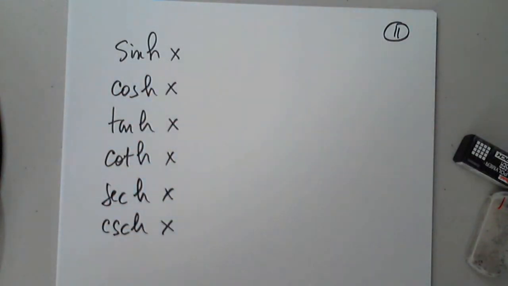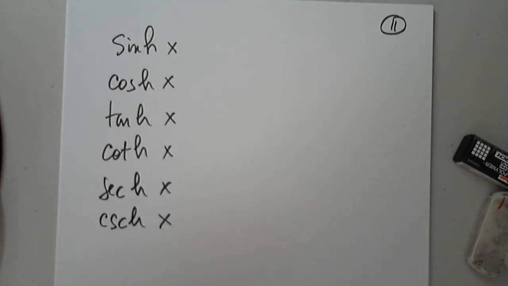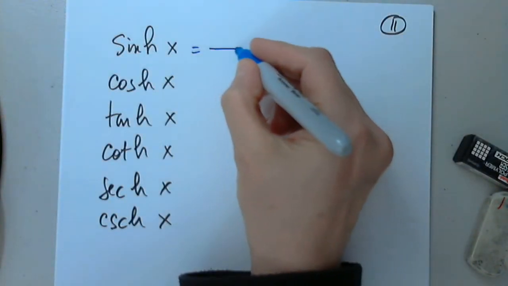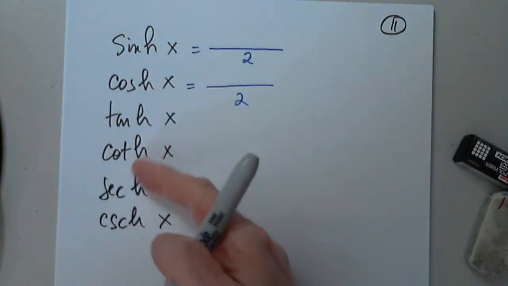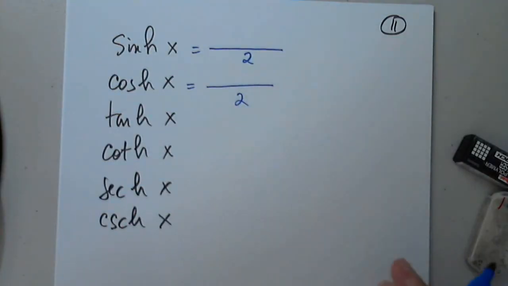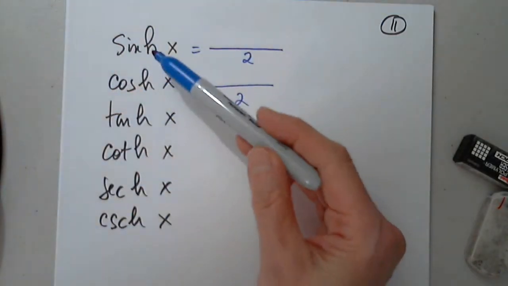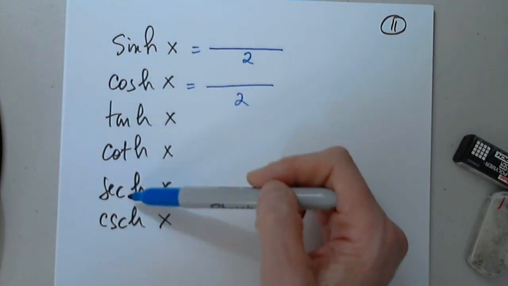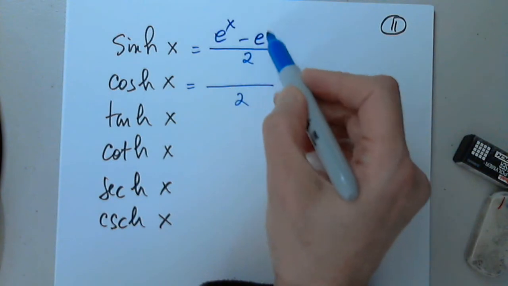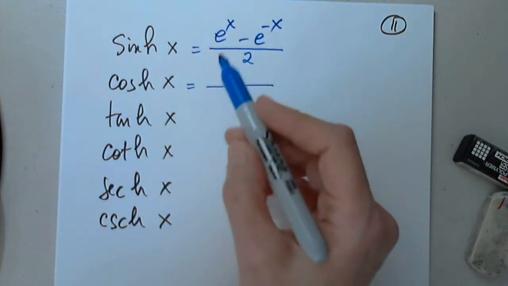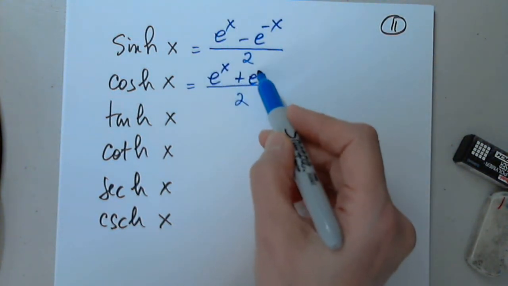and we see trig functions here. They are not trig functions. They have some resemblance, but they're not trig functions. Hyperbolic sine is a ratio, hyperbolic cosine is a ratio, and these follow. So they have some properties characteristic to trig functions, but they are not trig functions. So this is e to the x minus e to negative x, and this is e to the x plus e to negative x.